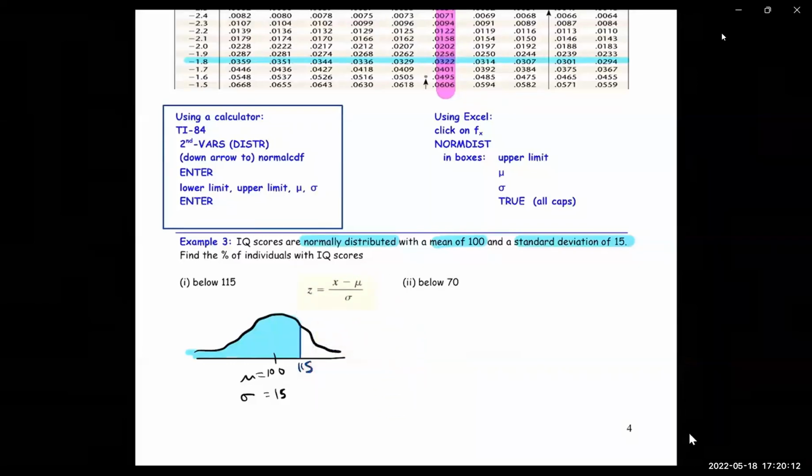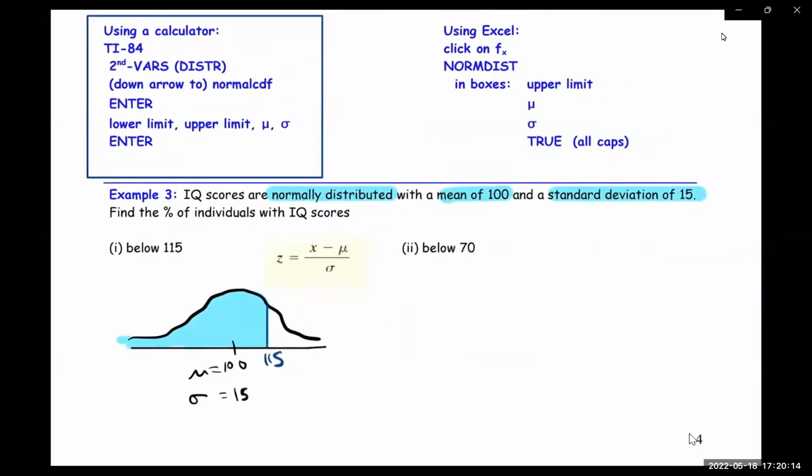All right, so the X is the data value. The X in this case is 115. That's your data value. Your mean is 100. And your standard deviation is 15. So if you work this out, you're going to get 15 divided by 15, which is 1. All right, so now you know your z-score.